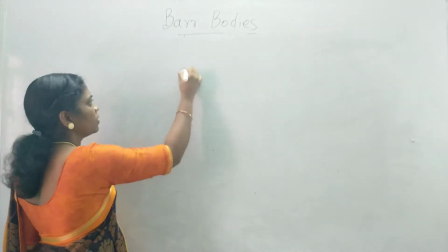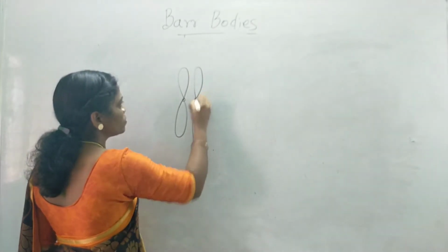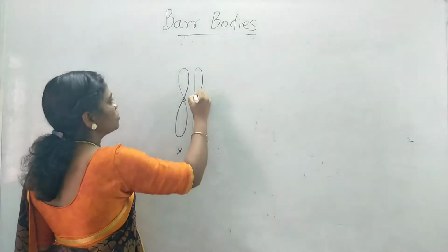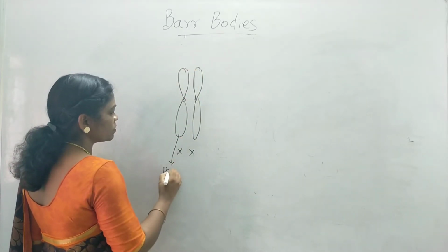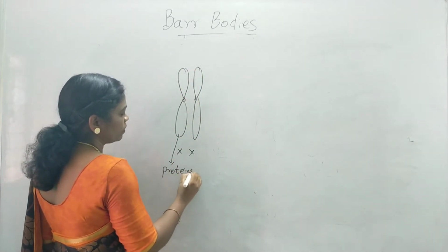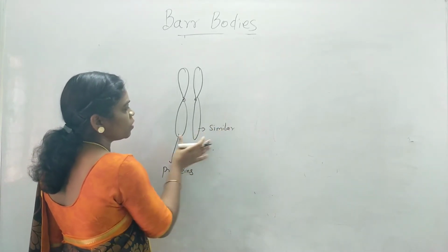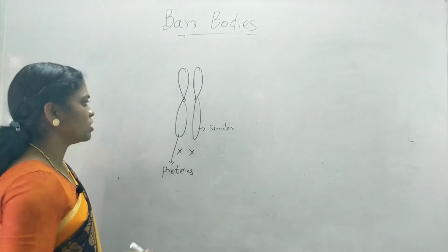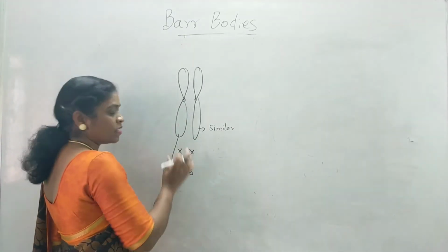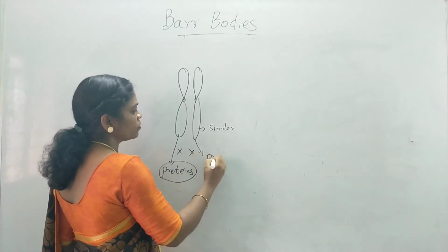For example, one X chromosome, another X chromosome, female. Imagine this one X chromosome will produce protein. They are genetically similar. Both chromosomes are a homologous pair, so they contain similar segments of genes. They transcribe and produce a particular amount of protein, and this X chromosome will also produce protein.